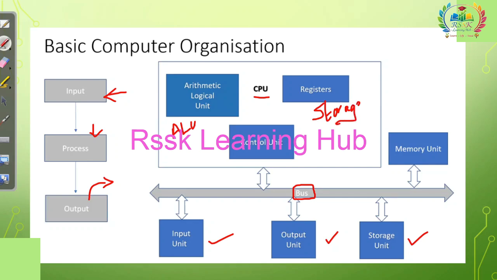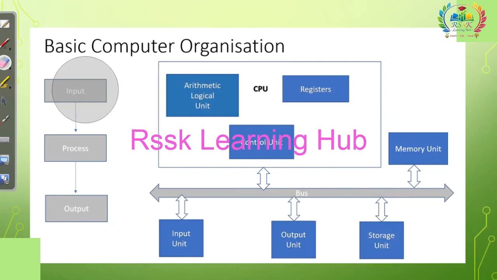So the CPU is comprised of the ALU, registers for storage and the control unit. So input, process, output based upon the input: the bus is interconnected to your input, output, storage and memory, and your main processor is the CPU. It contains the ALU, control unit and storage registers. Based upon this operation, it will produce your output. This is the basic computer organization.